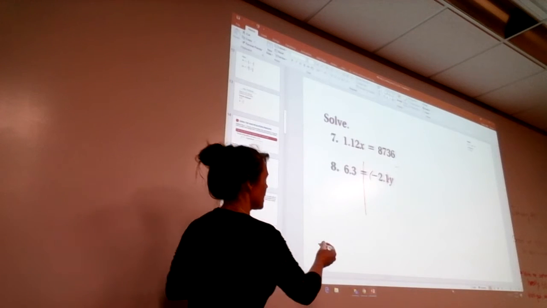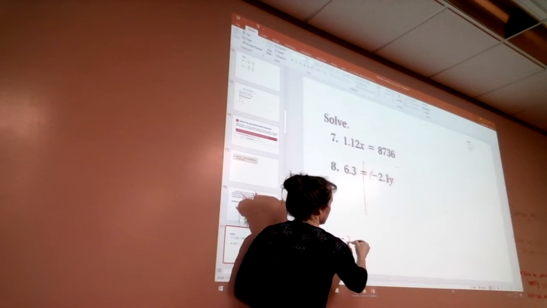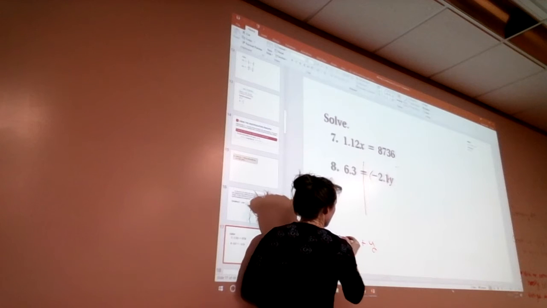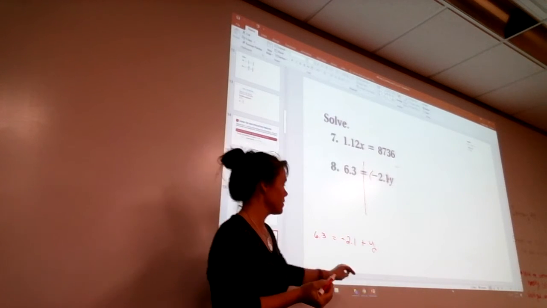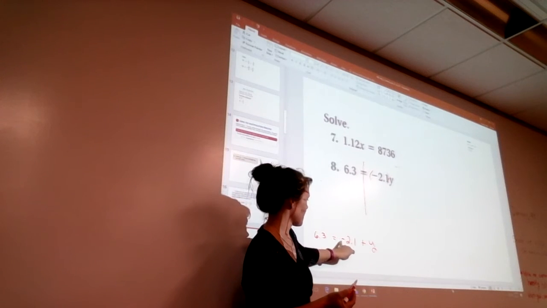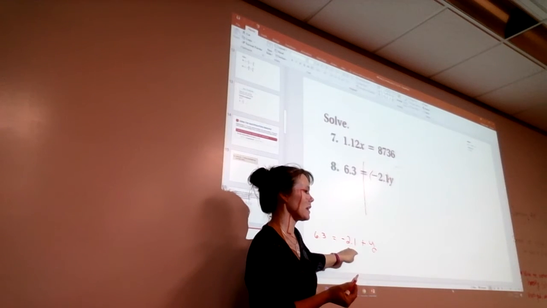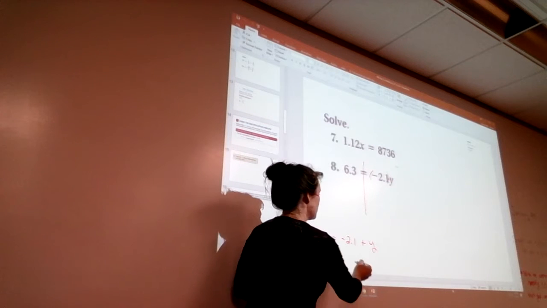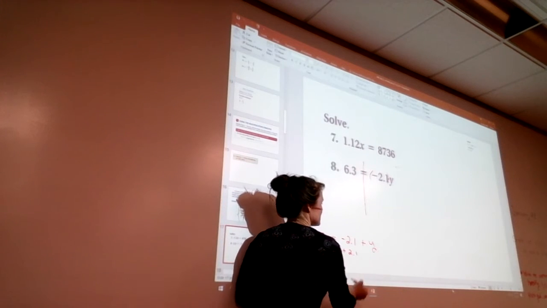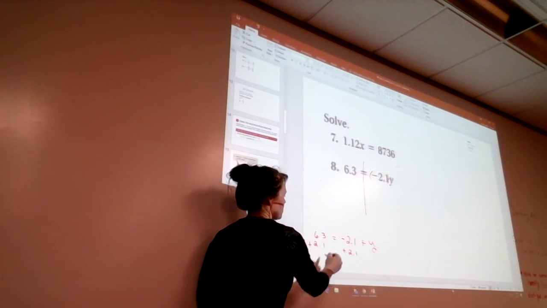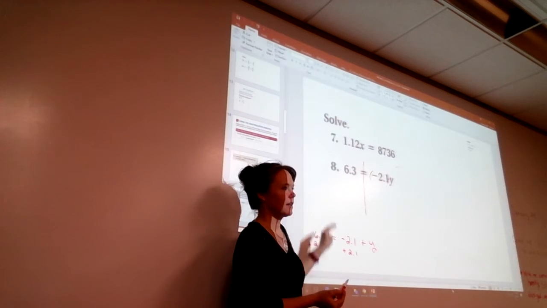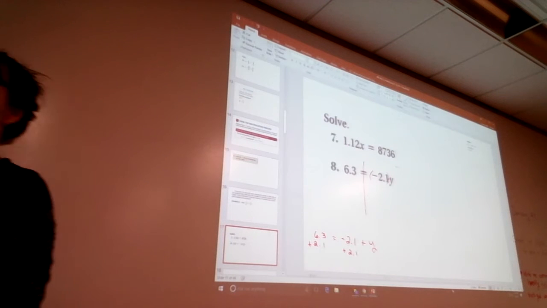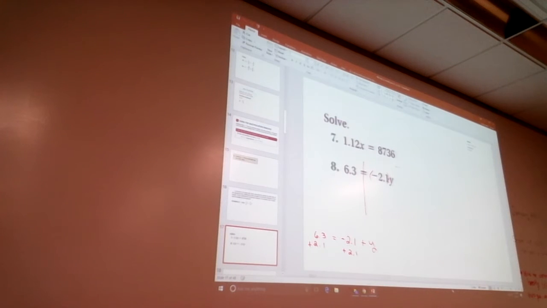If it was instead negative 2.1 plus y equals 6.3, now since this is an addition, I would want to get rid of the negative 2.1. So I would do the opposite to make a 0 pair. So I would plus 2.1 on each side. But up here, do you see how these are different? Super common mistake to make to add 2.1 there, but don't.